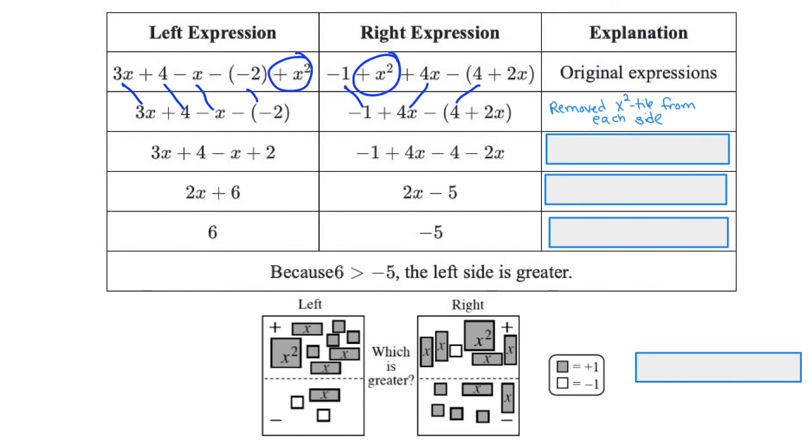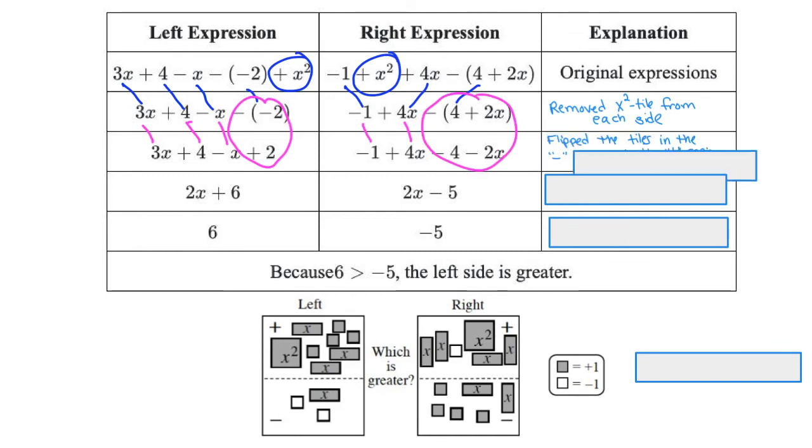Then I'm going to go to the next part and see what is different. The change is right here. So she had gotten rid of the parentheses. What she did is flipped the tiles from the opposite region into the plus region.